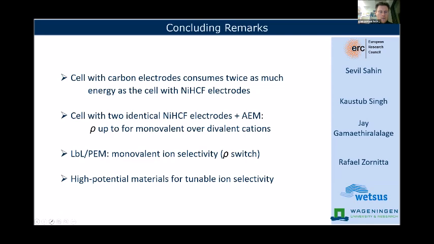It's impossible, I guess, with CDI to beat the big, heavily used techniques in terms of desalinating water with high concentrations of salt. What it does add to the field is the possibility of addressing the topic of ion selectivity.